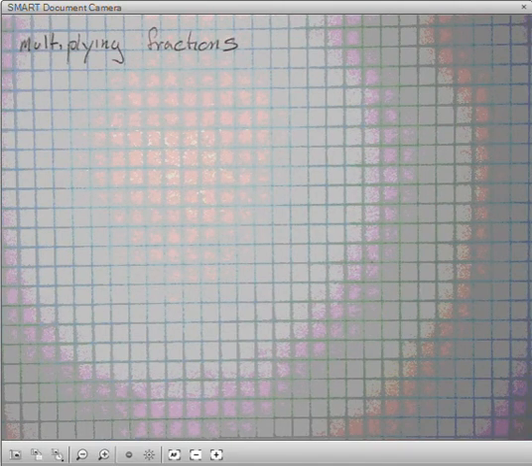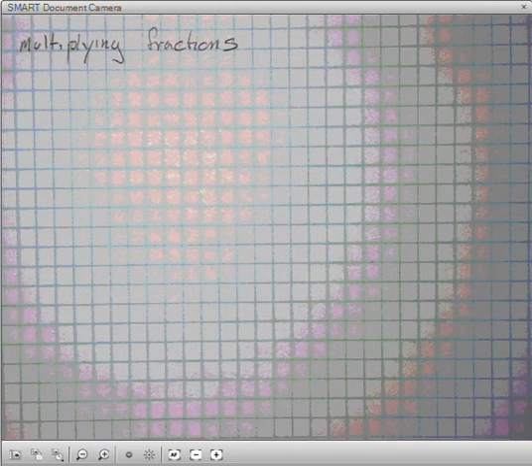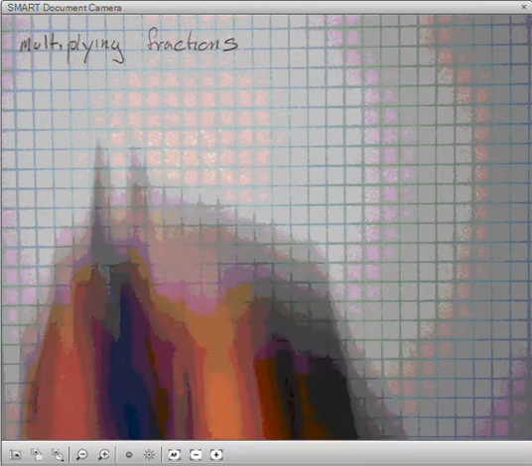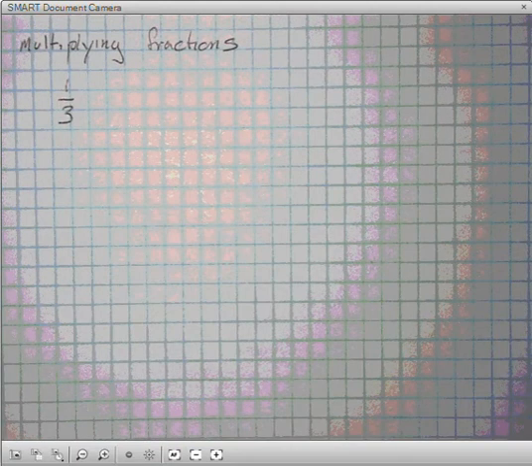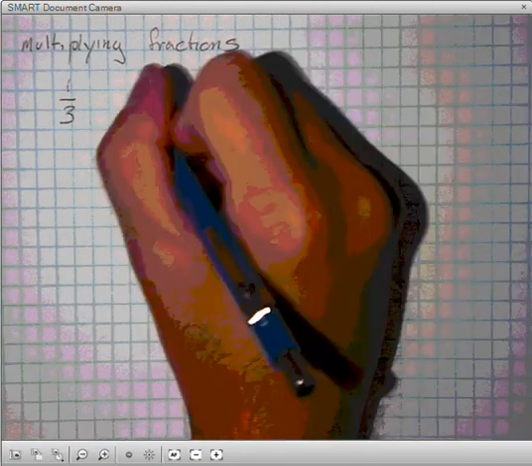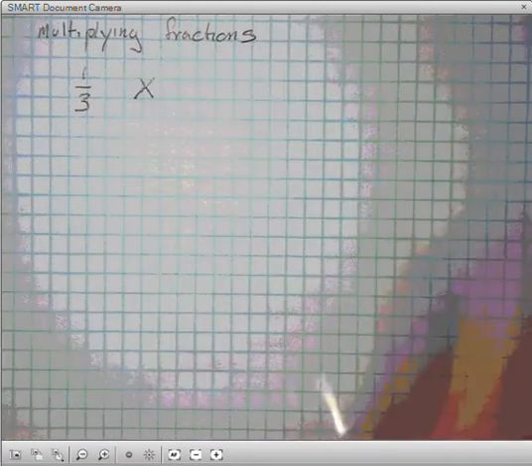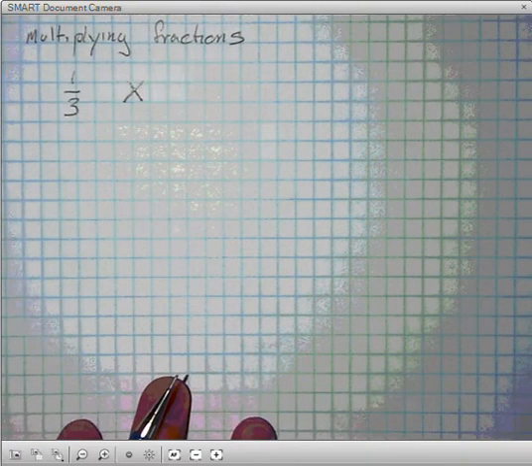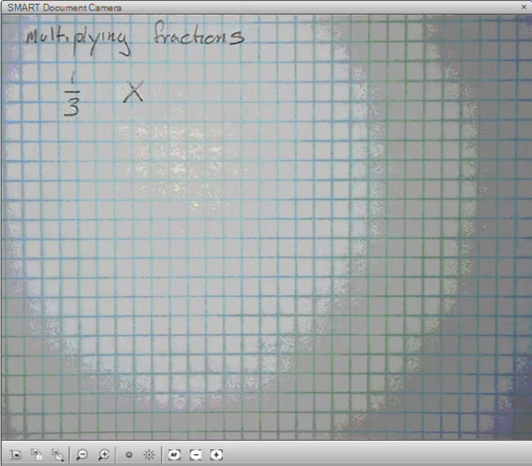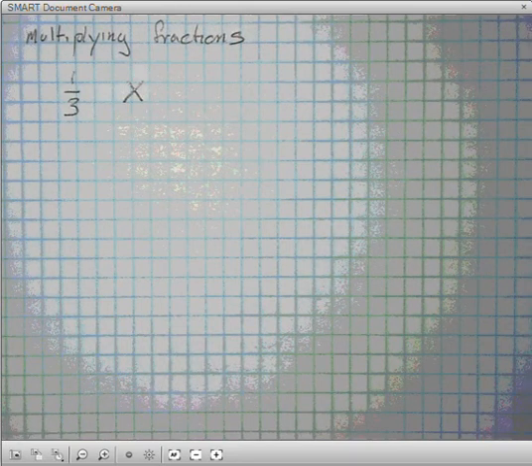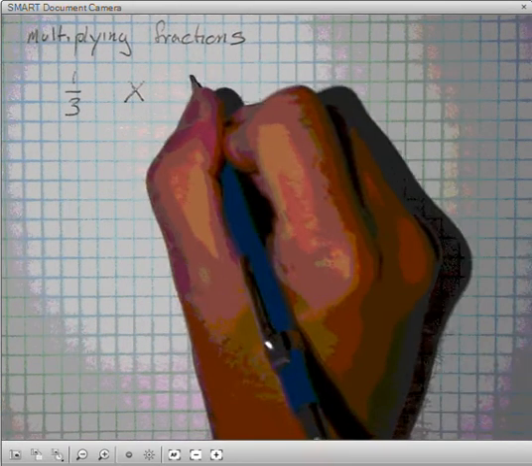We're going to take a couple real quick, easy examples. I'm going to take the number 1/3, and I am going to multiply that. I'm going to use my larger multiplication sign. 1/3 times 2/3.